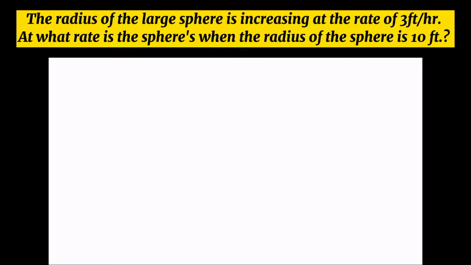The surface area of a sphere of radius r is always S equals 4 pi r squared. By the given, dr over dt is equal to 3 feet per hour.